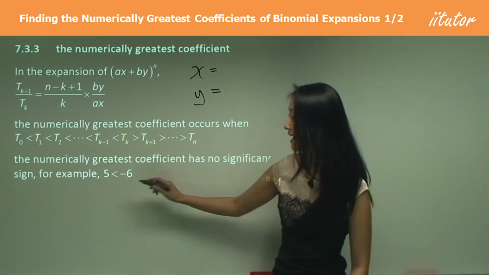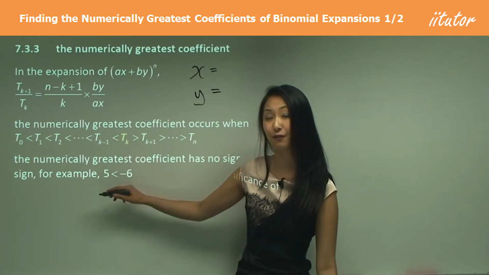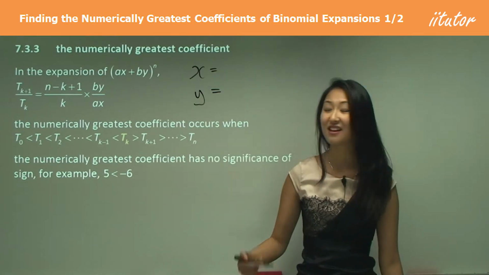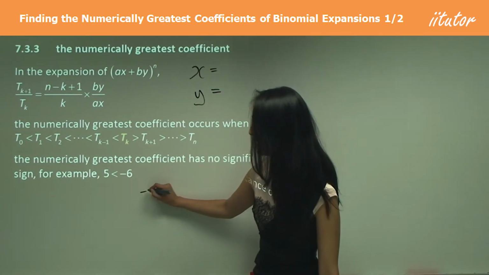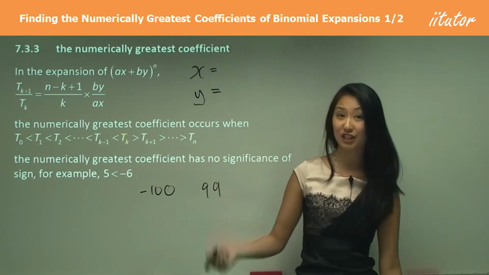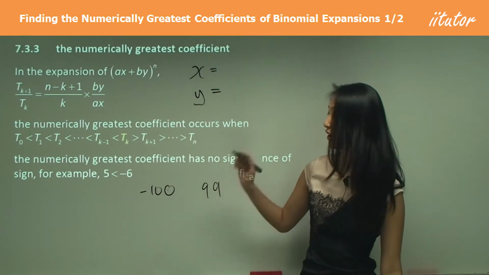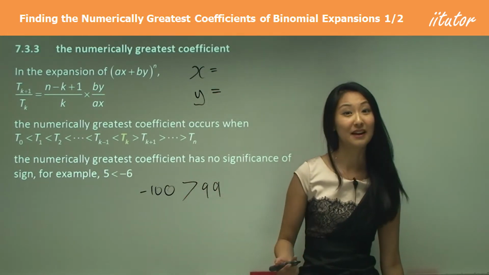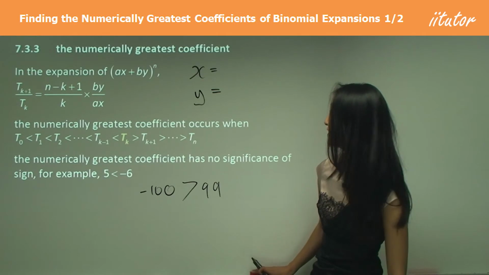That means that -6 is greater than 5 when we're considering numerically greatest coefficient. So, for example, if I had -100 and 99, which one would be bigger? Exactly. The -100 would be bigger, because there is no consideration of sign.